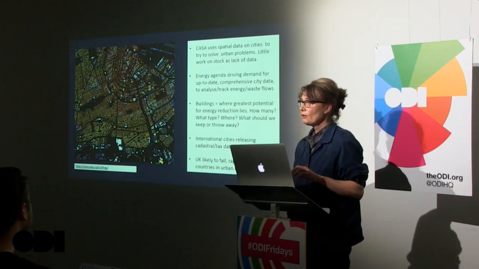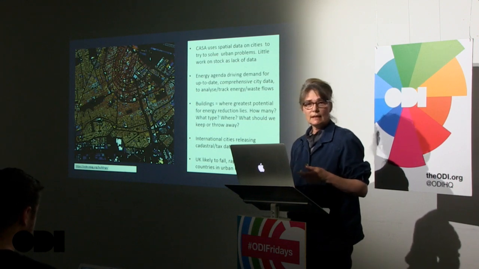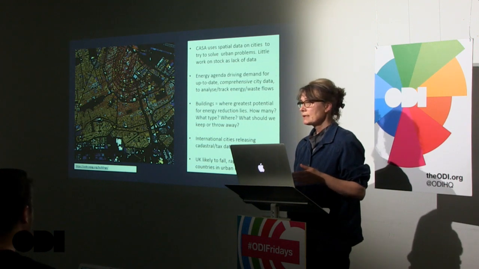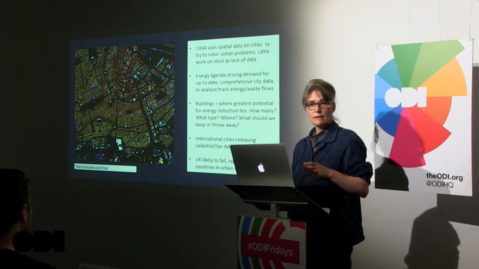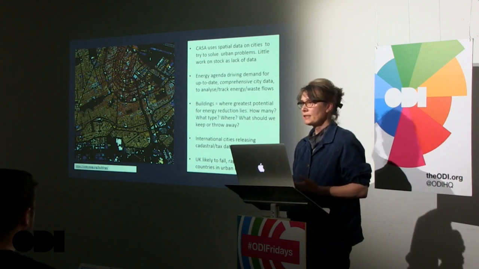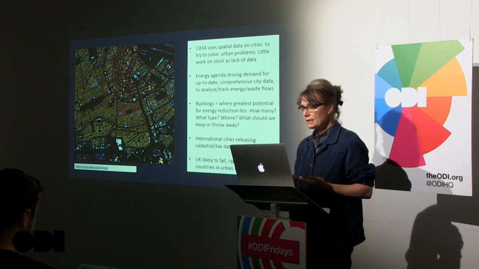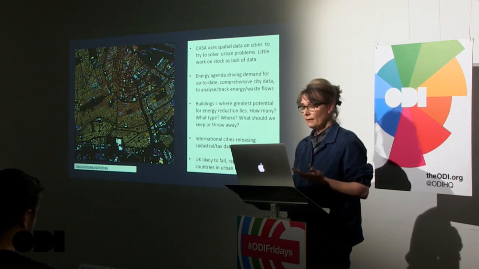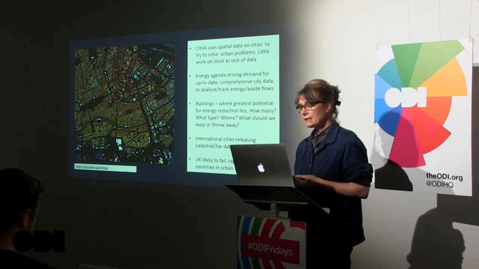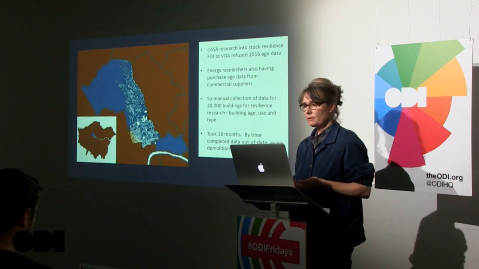So the Valuation Office Agency hold these data on height, age, all these different attributes for all taxable buildings, but won't release it. So one of the things that we're having to do is actually generate it ourselves, whereas other countries are able to use data that's being released. Our view is that unless we actually do something about this soon and push for this release, we're going to fall behind other countries in many areas of urban research.